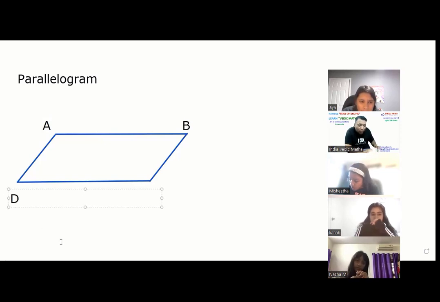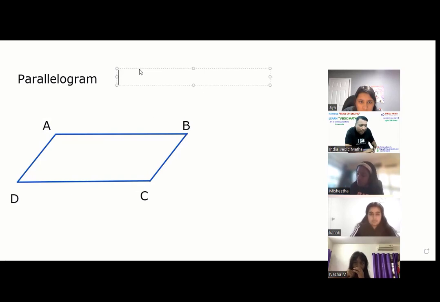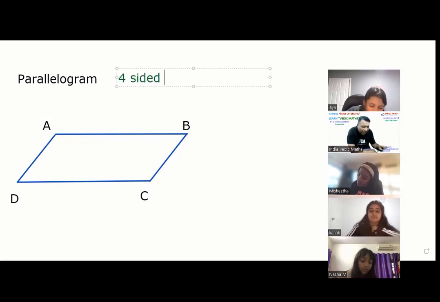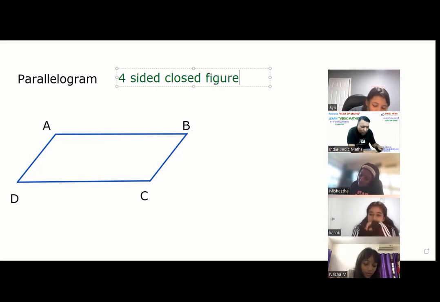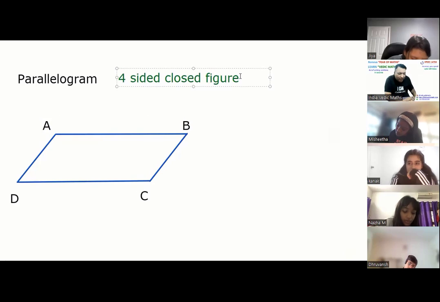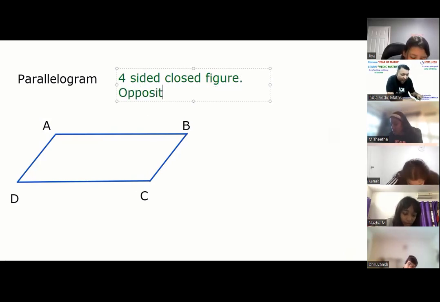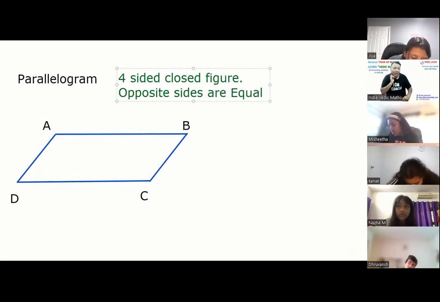There are 4 or 5 important properties. Let's everybody write down also. Properties are, first one is four-sided closed figure. Correct? Everybody knows that. Now, opposite sides are equal. What are opposite sides here?